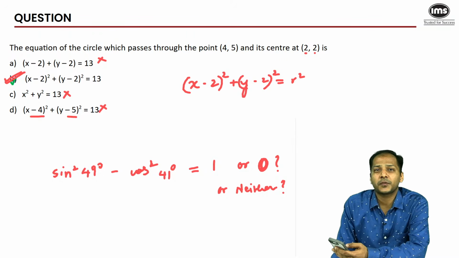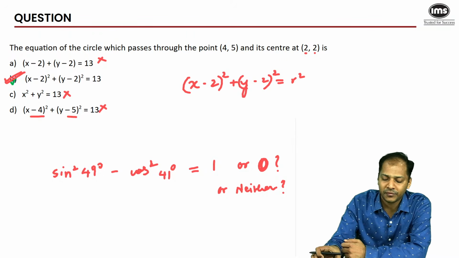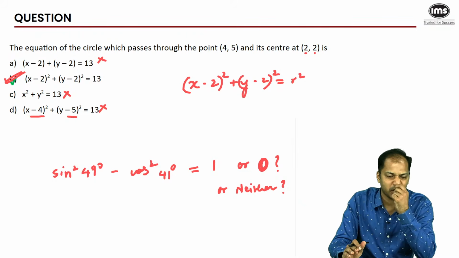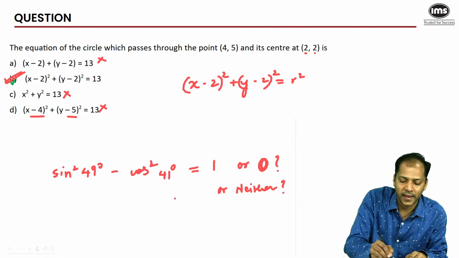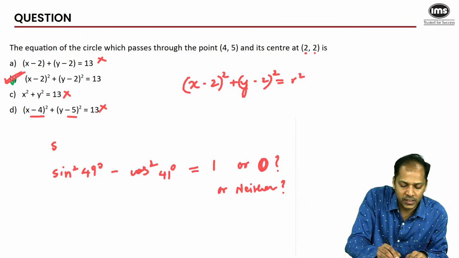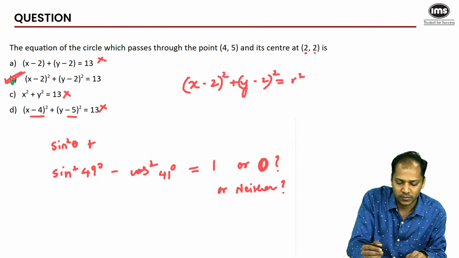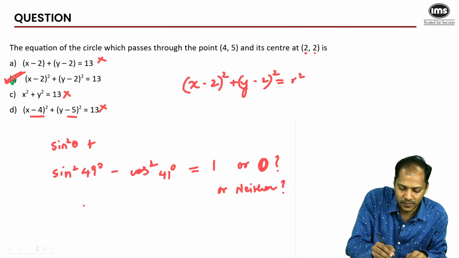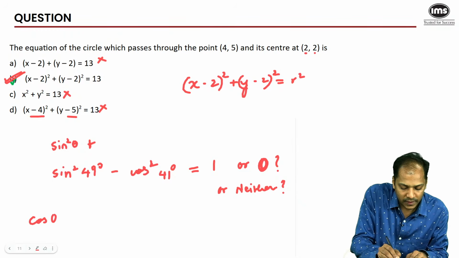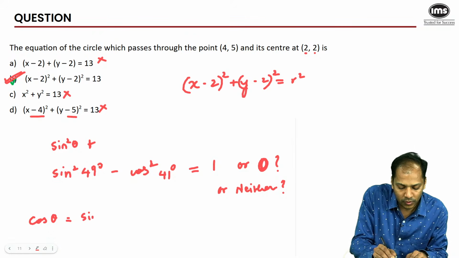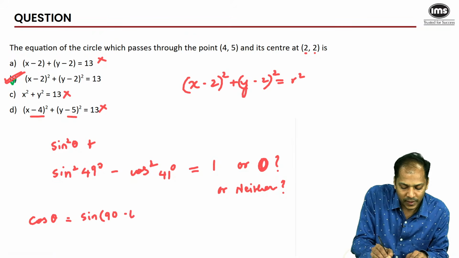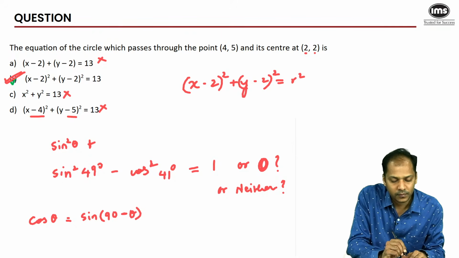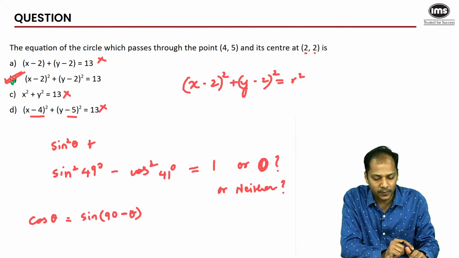So some properties of conjugates you should definitely know. I've seen a couple of questions, which I've not added here, but which tested this property. The property that we are going to use is cos of theta is equal to sine of 90 minus theta. That is something that you can keep in mind.